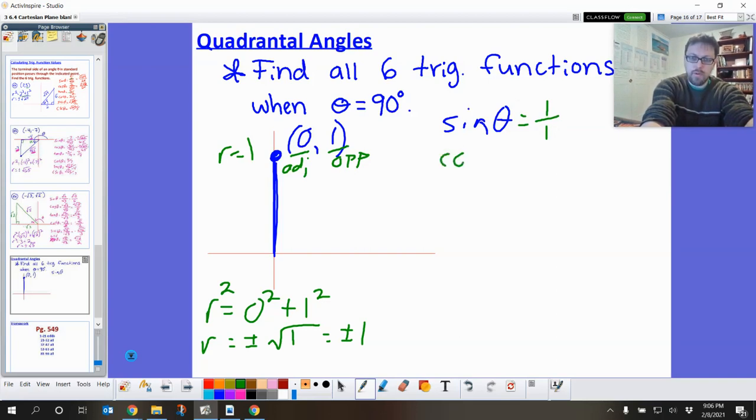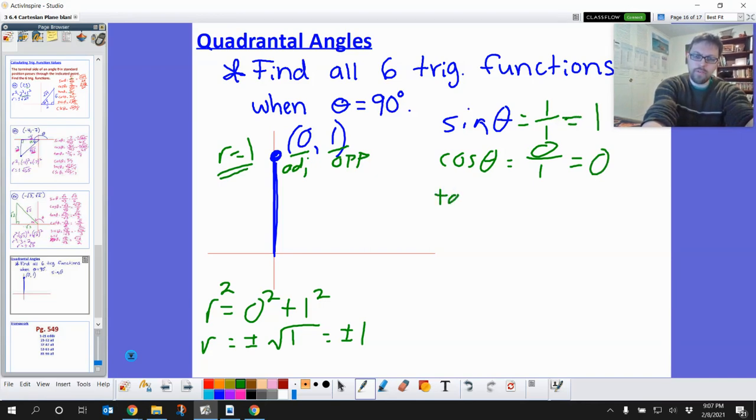Okay. Cosine is always going to be our adjacent side over our hypotenuse. So our adjacent side is 0. And our hypotenuse, again, is that r value, which is just 1. So that's just 0. And the sine is 1. If we go after tangent, tangent is our opposite side over our adjacent side. So opposite and adjacent is 1 over 0. And that doesn't work.